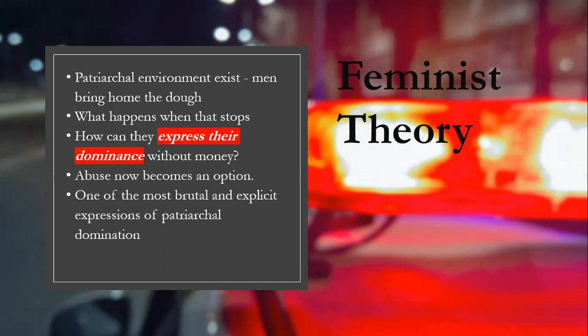So what happens when that stops with unemployment? How now can they express their dominance without money? Abuse now becomes an option for them. And one of the most brutal and explicit expressions of patriarchal domination is abuse.